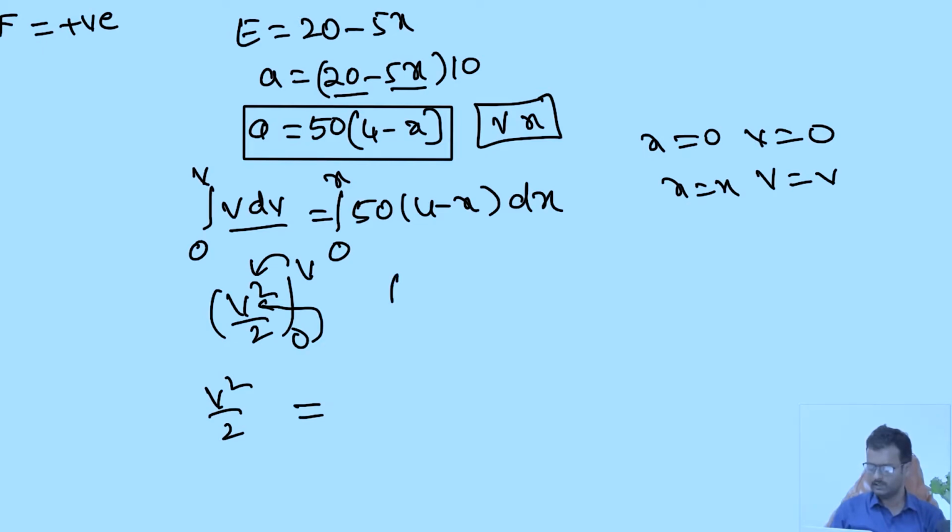Now integration of 50 into 4 minus x. 50 is a number, so bring 50 before the integration. Then 0 to x, 4 minus x dx. So there are two terms, one is the 4 and another one is minus x, so the integration splits into two parts.